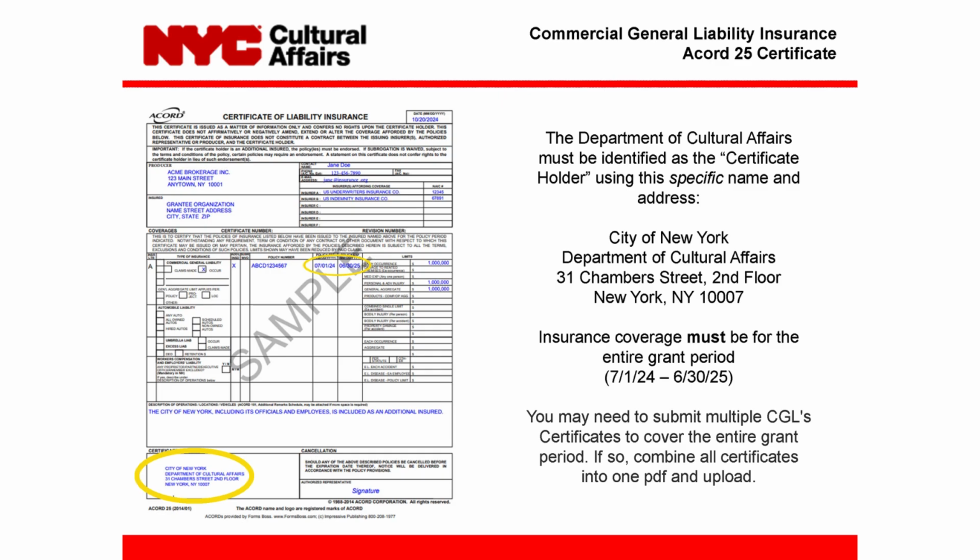If, like the example, your policy period is July 1st, 2024 through June 30th, 2025, you only need to submit the one certificate. Please refer to the FY25 Initiative Funding Requirements PDF for an expanded explanation of the items required for your CGL.